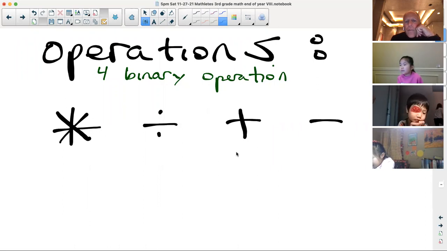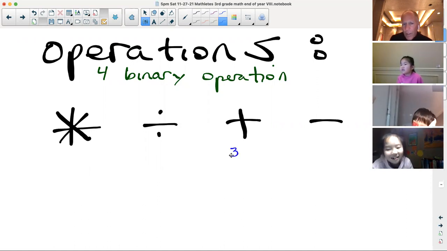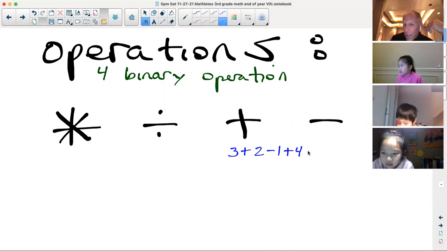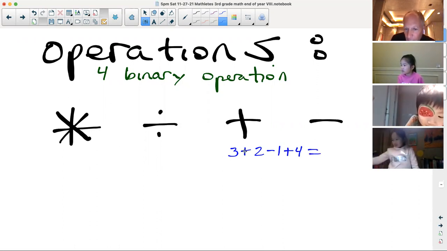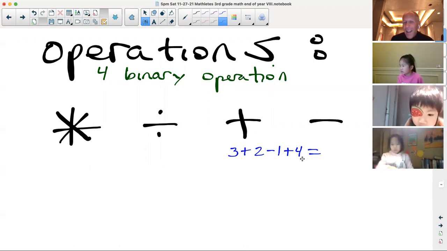So if I wanted to, for instance, find out how many unicorns I had, and I started out with 3 unicorns, and then Stella gave me another 2, and then Jason borrowed 1 from me and took 1 away, but Eleanor said, hey, I'm going to give you 4 of my unicorns. We actually are dealing with addition, subtraction, and then addition again.